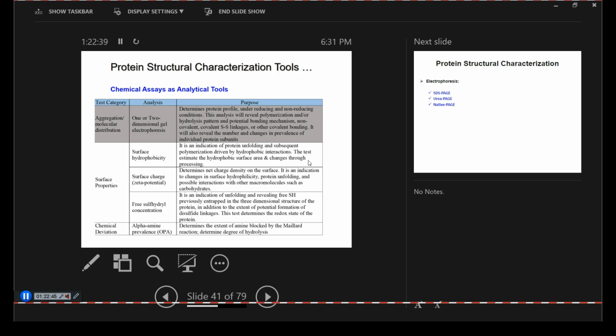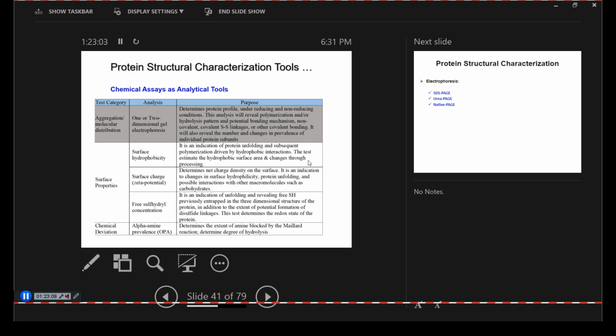So if we look at aggregation and molecular distribution, we can do that using gel electrophoresis. With gel electrophoresis, we're actually looking at the different components within a protein mixture, looking at the different subunits, looking at the molecular weight or estimate of the molecular weight.